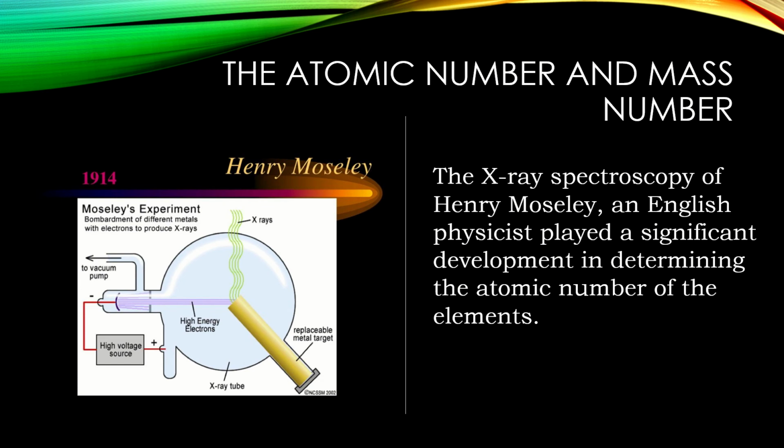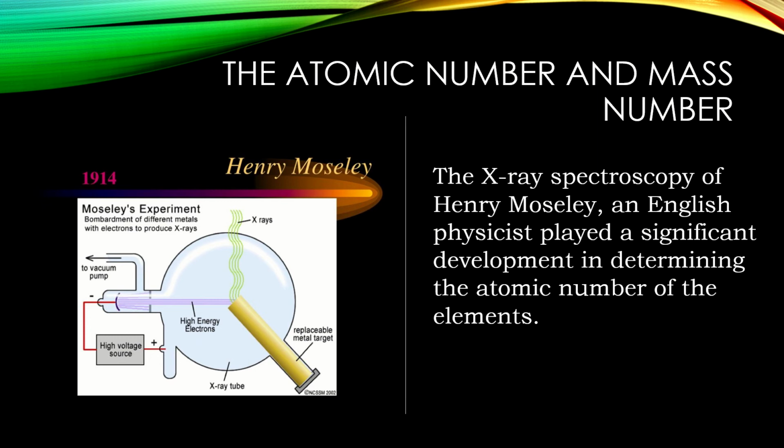Henry Moseley experimented with an X-ray tube by changing the metal used for the anode. He measured the wavelengths of the resulting X-rays, and each different metal is made of its unique kind of atoms.